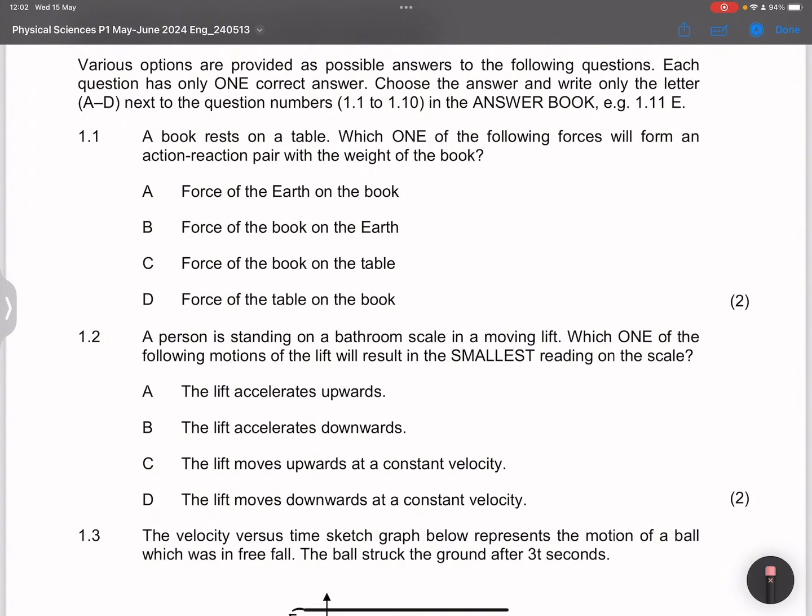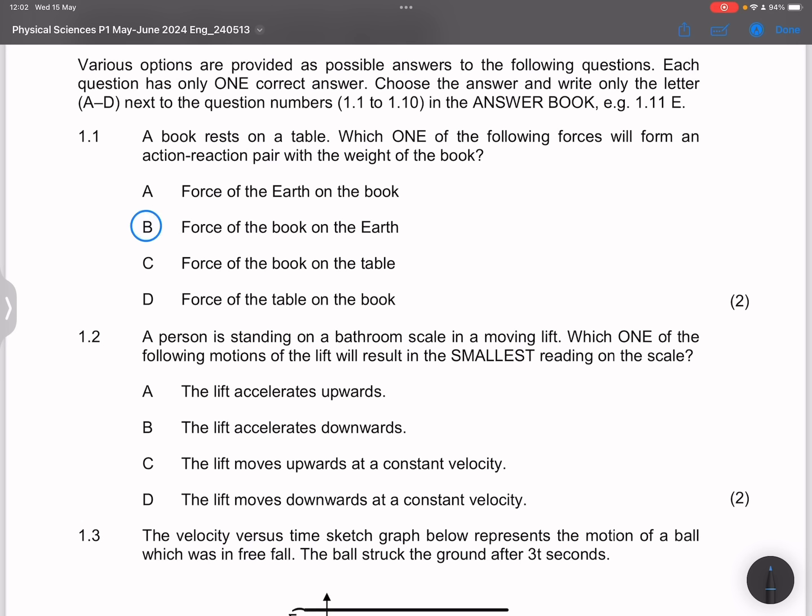So the action-reaction pair, just like Newton's third law states: if body A exerts a force on body B, then body B exerts a force on body A. So if it's Earth on book, then it's going to be book on Earth. So I believe that will be option B for that one.